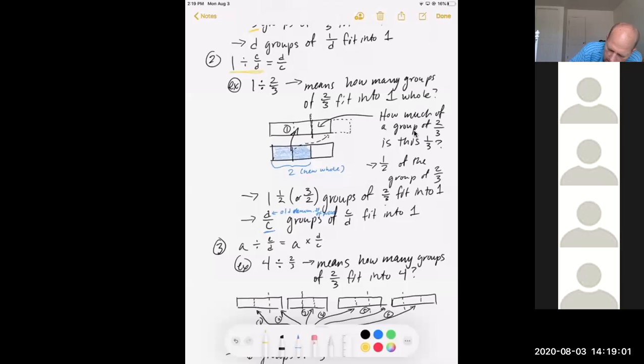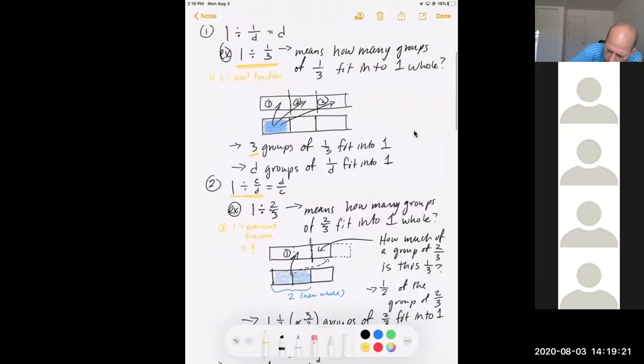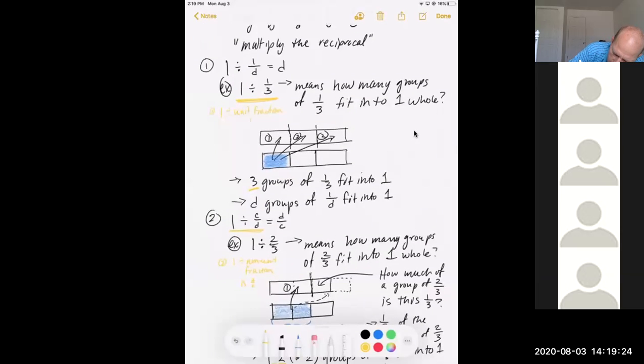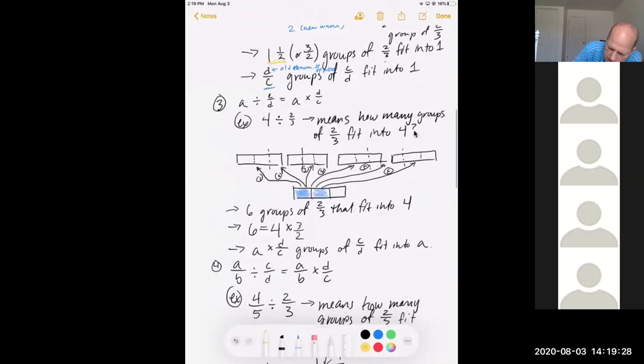2, 1 divided by the non-unit fraction is going to be D over C, whatever you want to call it, the reciprocal. 1 divided by the unit fraction is 1 over D. So number 3 is you take a whole number divided by the fraction.